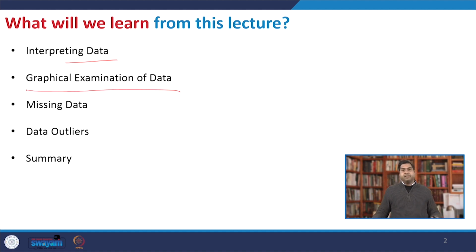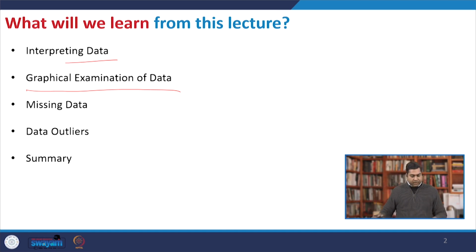In many cases, before we do a very sophisticated or advanced statistical analysis of collected information, we try to see graphically the data distribution, what type of information is conveyed through those graphical representations, and that can also give you some direction for what kind of statistical tool to apply to the type of data that you collected.